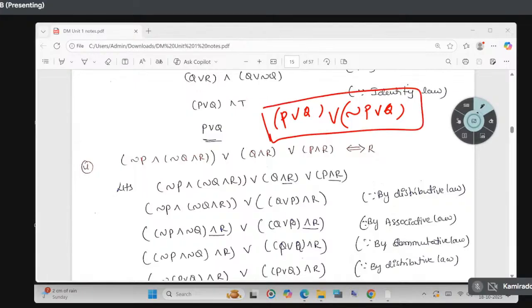Right. When the question is given, try to understand what the examiner is testing and go for the solution.